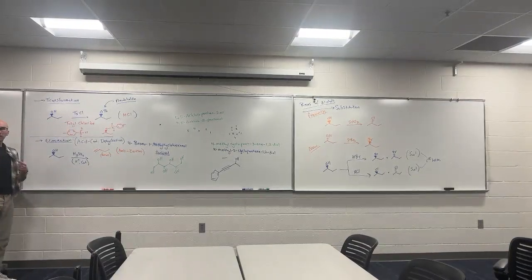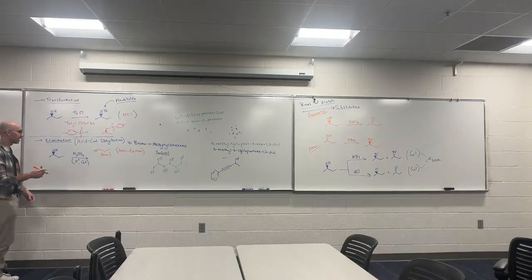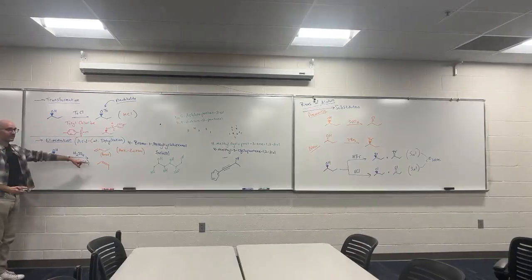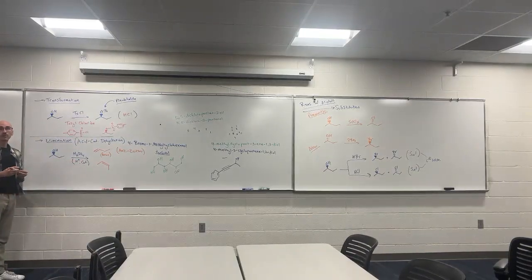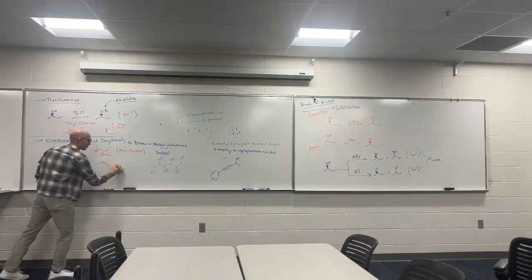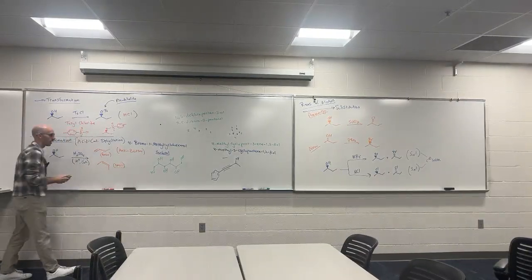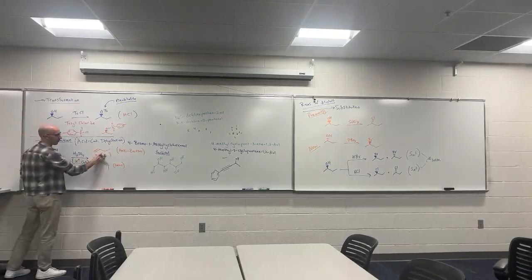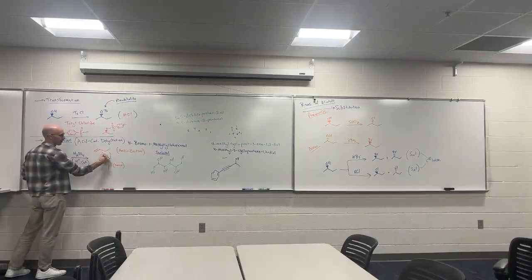There's another product that can form. It's more substituted, but it's still not the most stable. And that's cis-2-butene. This also forms to a small amount. What most people will label this as is minor.